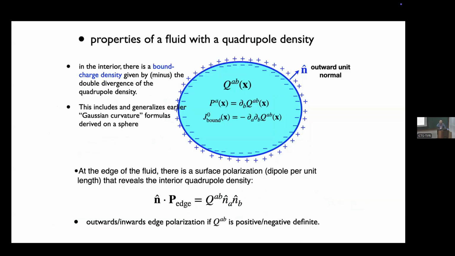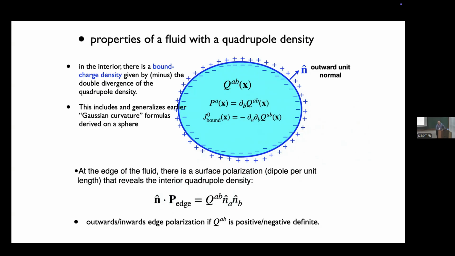Okay, a fluid with a quadrupole density is quite interesting. If you have a polarization density in the bulk and it terminates, you're going to get a charge density on the edge. If you have a quadrupole density in the bulk and it terminates, you get a polarization density on the edge. So there's actually a nice bulk boundary relationship between dipole moment on the edge and the quadrupole in the bulk.